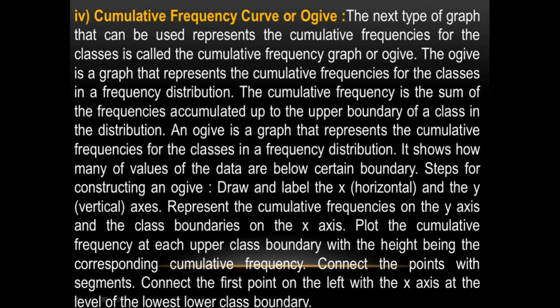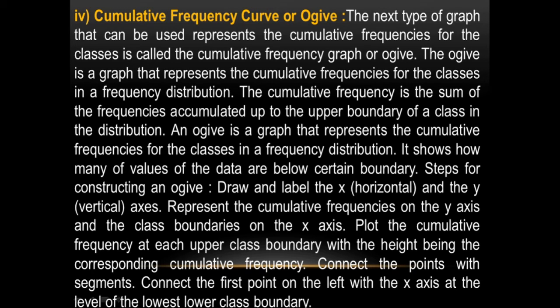Now next is the cumulative frequency curve or OGIVE. The next type of graph that can be used to represent the cumulative frequencies for the classes is called the cumulative frequency graph or OGIVE. The OGIVE is a graph that represents the cumulative frequencies for the classes in a frequency distribution.